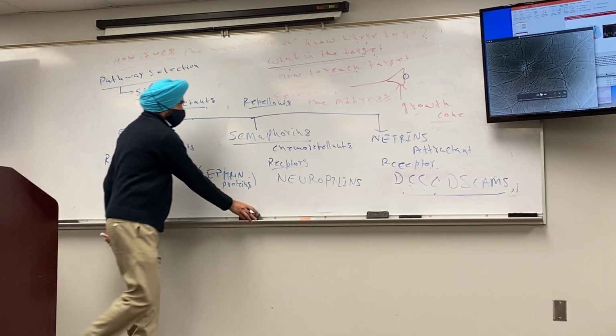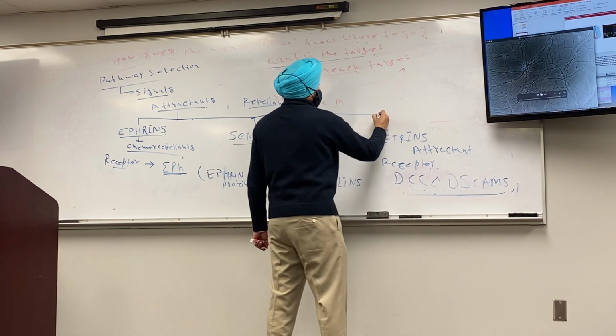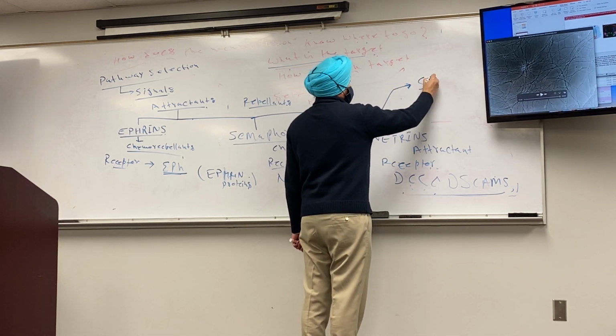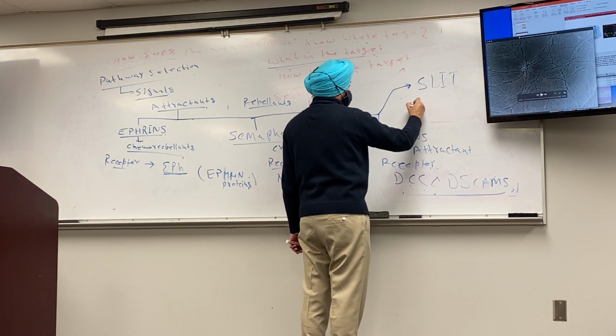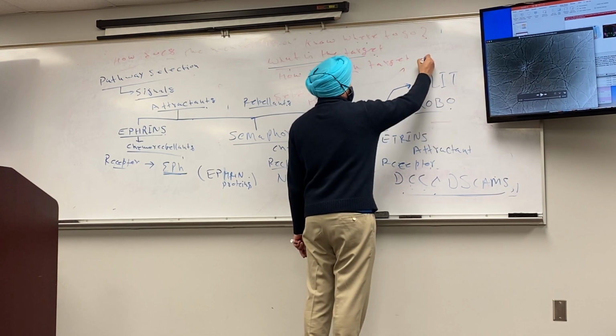Then there is a fourth category. And the fourth category here is SLIT. And the receptors are ROBO, R-O-B-O. And these are also repellent.